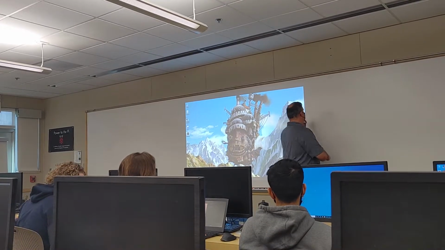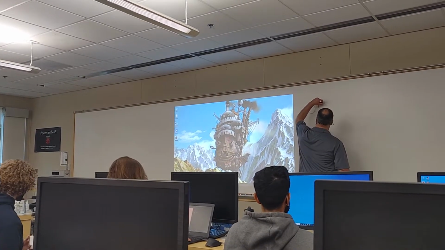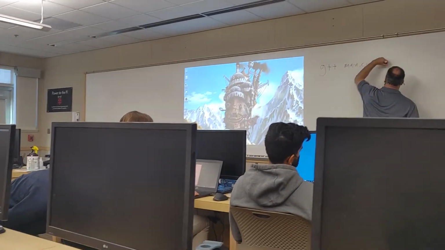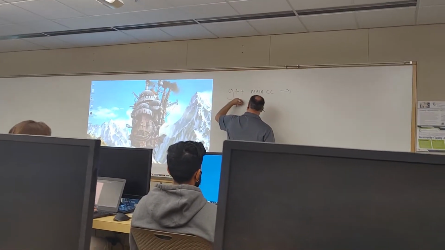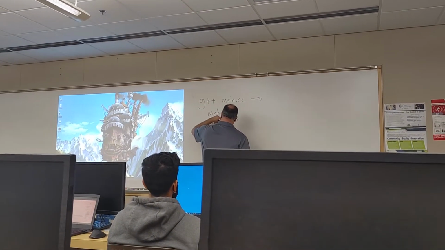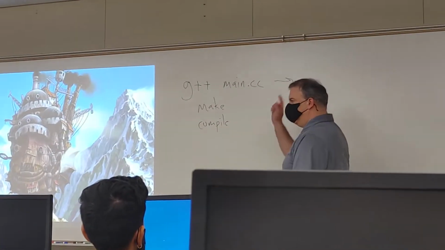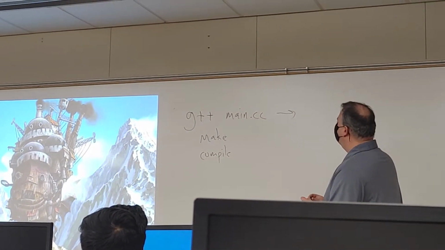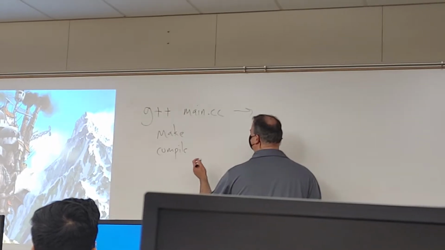And so what actually happens underneath the scenes is, what you normally do is you type g++ main.cc, or you type make, or you type compile, or whatever. Different ways of doing it. If you're in Visual Studio, you click the button like a peasant.